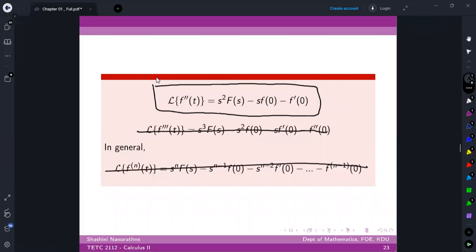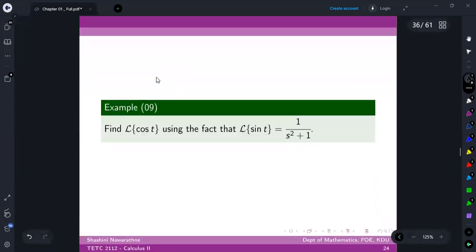In the examination, I will provide a formula sheet which consists of the table of transformations as well as those formulas. But you need to know the meanings of these expressions and how to apply them in the examination.